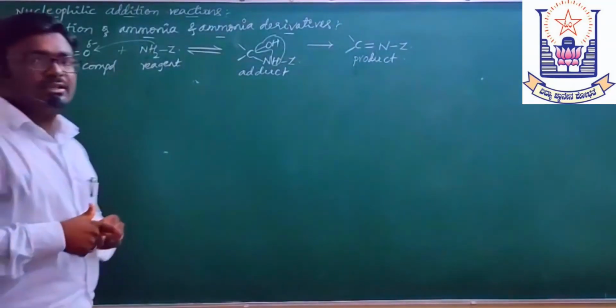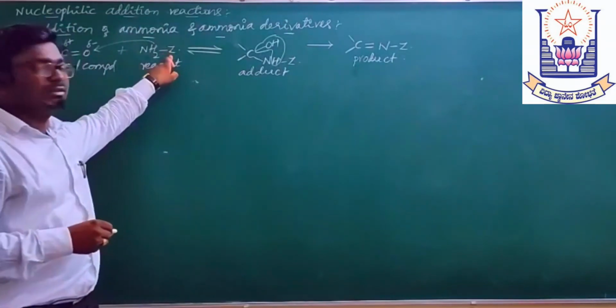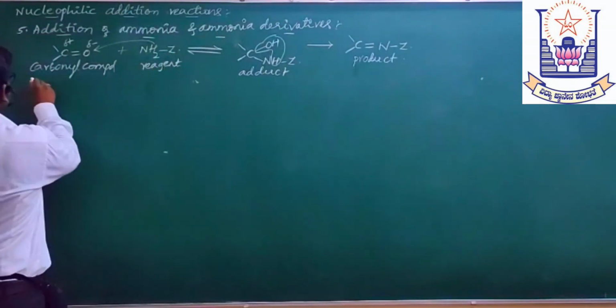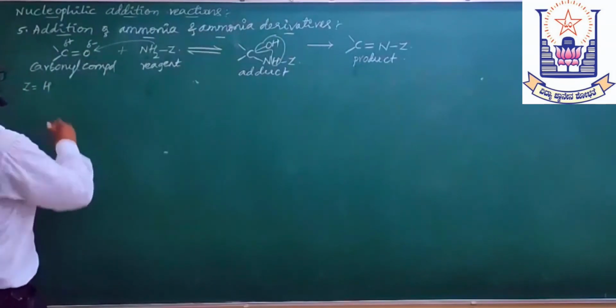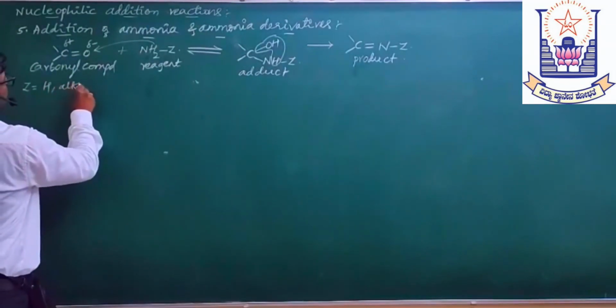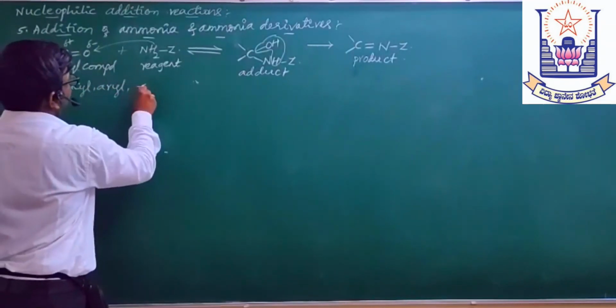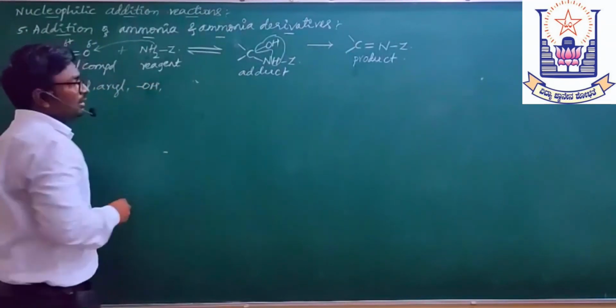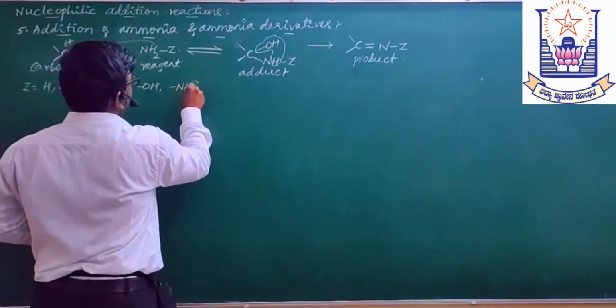Now we shall see some examples by taking Z. Here Z may be equal to hydrogen, or it may be an alkyl or aryl group, it may be a hydroxyl group, or it may be the NH2 group.